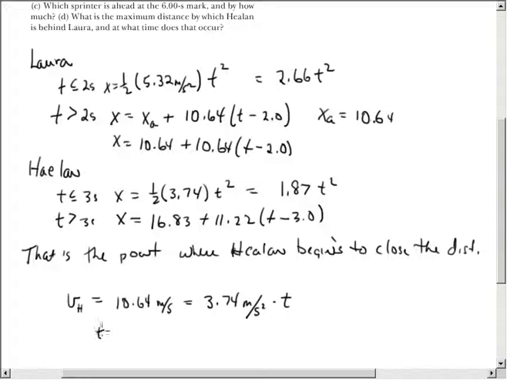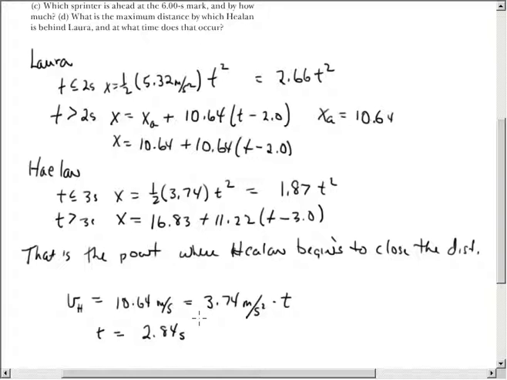Solving that, we obtain t equal to 2.84 seconds. Prior to that time, what is happening? Pause the video and write it down. Prior to that time, Laura is moving away from Helene.